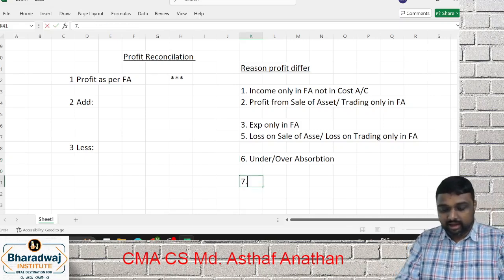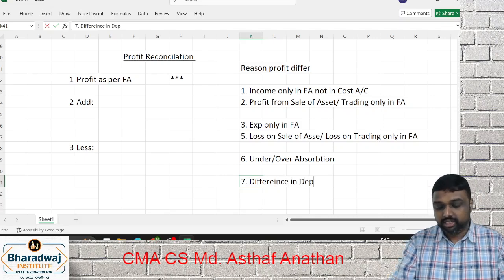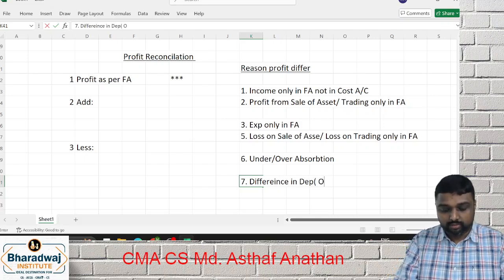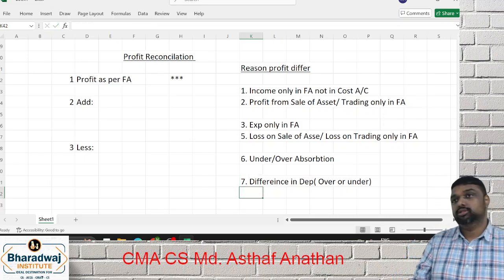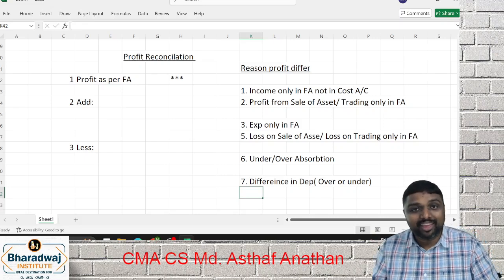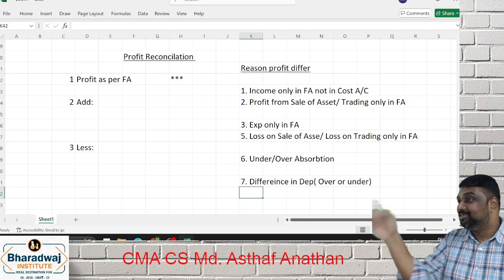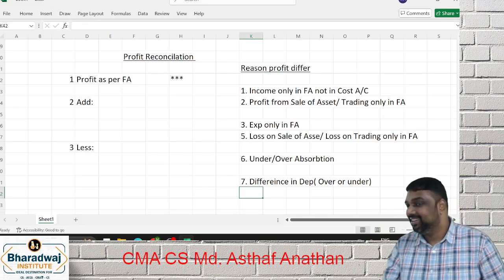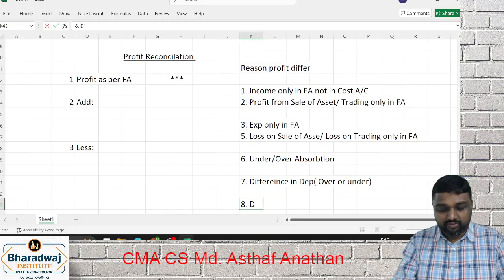Let's say difference in depreciation is also an example of over or under. See, depreciation will occur in both the books. But sometimes in financial you will follow WDV, and in costing you follow what? SL. Because of that reason also there will be a difference.